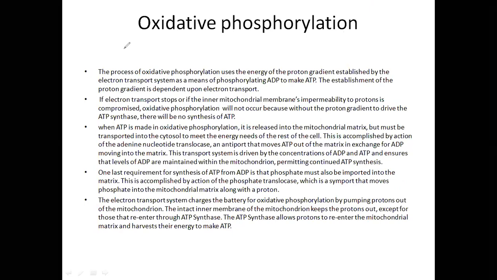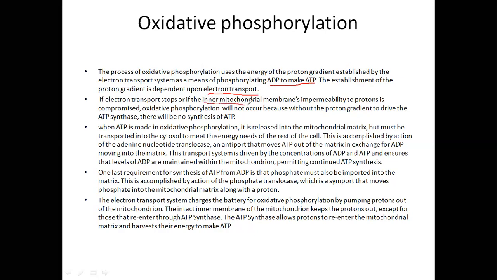What is this process? The process of oxidative phosphorylation uses the energy of the proton gradient established by the electron transport system as a means of phosphorylating ADP to make ATP. The establishment of the proton gradient depends upon electron transport, as I said previously.